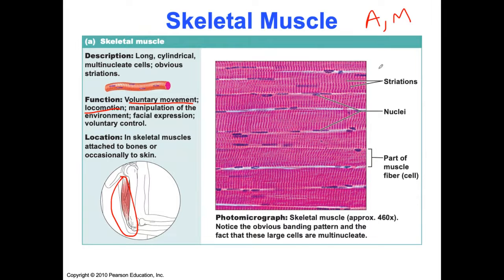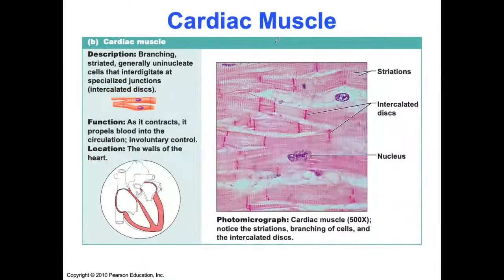Actin and myosin are two important types of contractile proteins, and as light passes through those proteins on a microscope, it gives this striated appearance. Okay, so skeletal muscle is striated, but so is cardiac muscle. Cardiac muscle also has striations to the appearance.